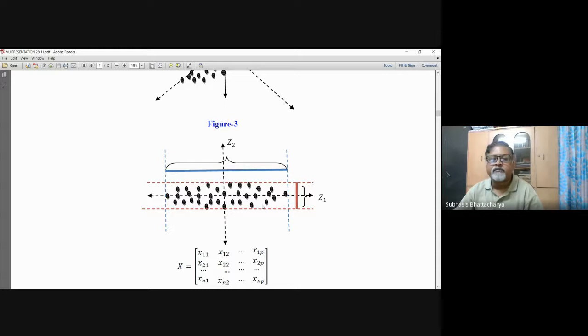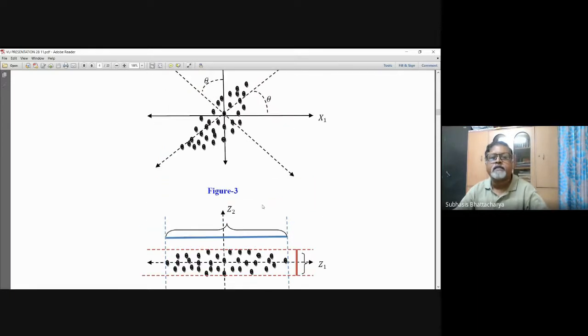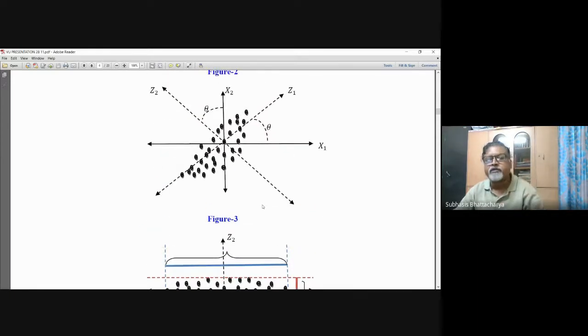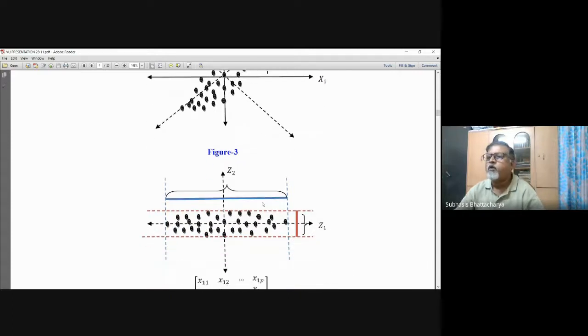This kind of transformation, by rotation of the axis, is known as an orthogonal transformation. By such a transformation, between the two variables Z1 and Z2, only Z1 has significance in terms of variability.